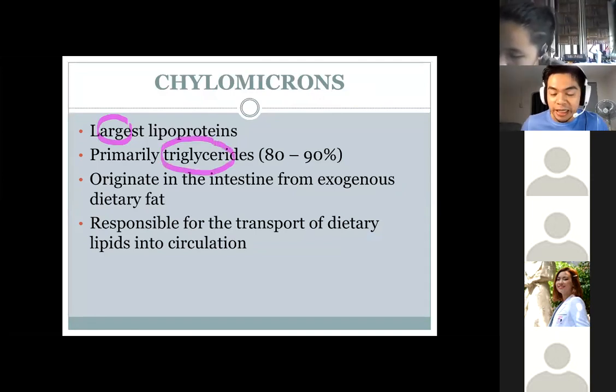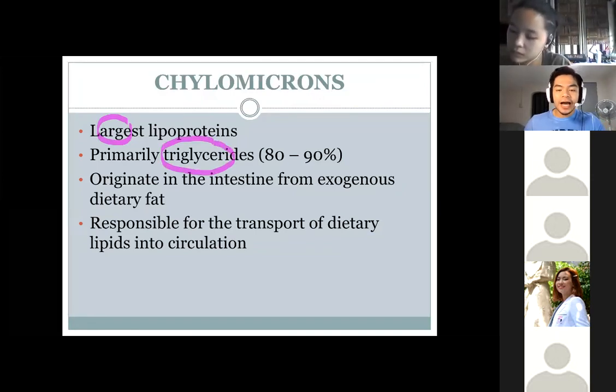They contain mainly triglycerides and it accounts for 80 to 90% of the lipid component. And take note as well that chylomicrons originate from the exogenous dietary fat. In other words, chylomicrons are formed from the food that we eat. Ay galing siya sa pagkain na kinain natin. Kaya usually, nasisynthesize ang chylomicrons sa ating small intestine.